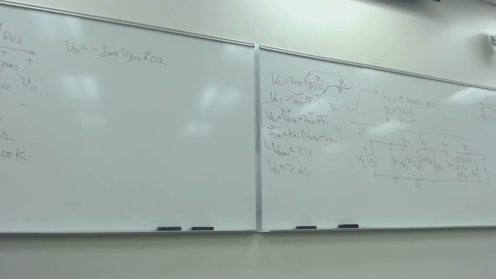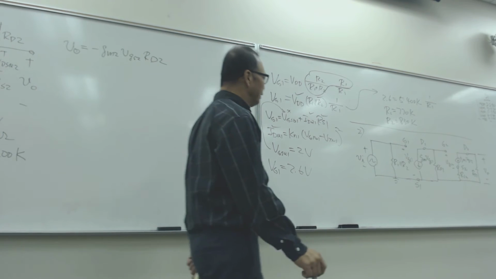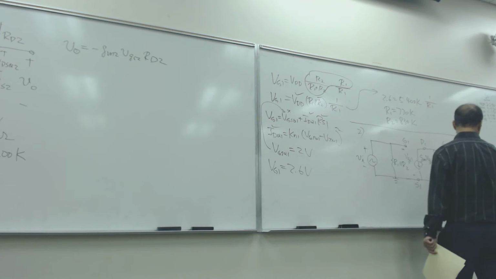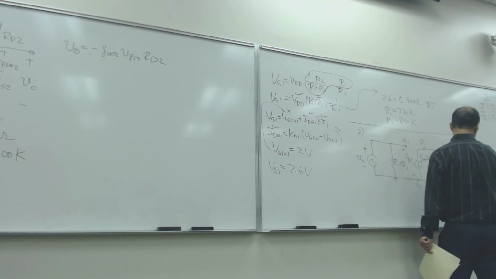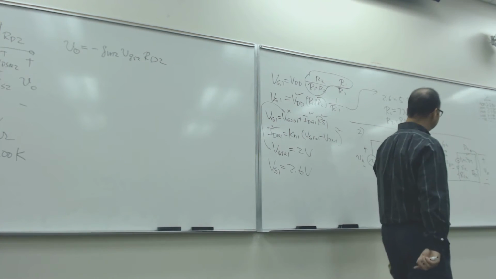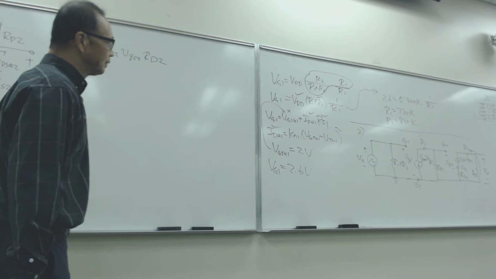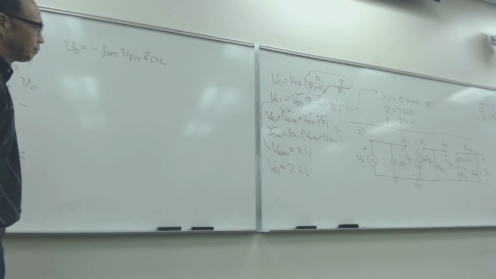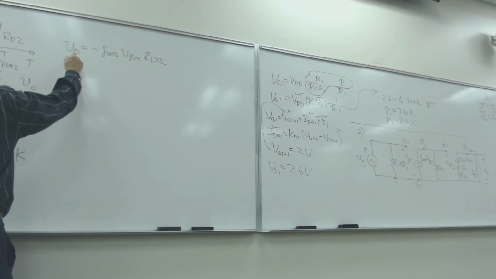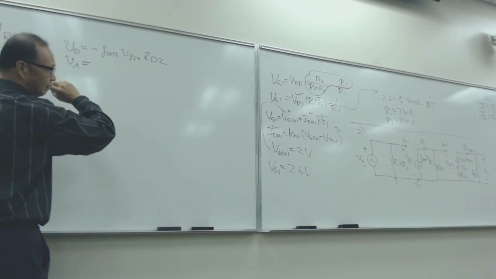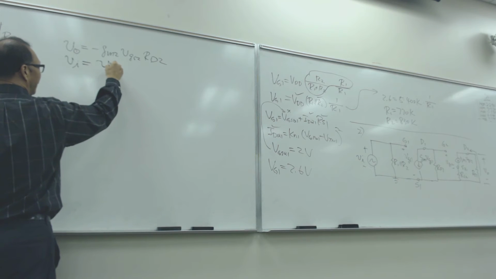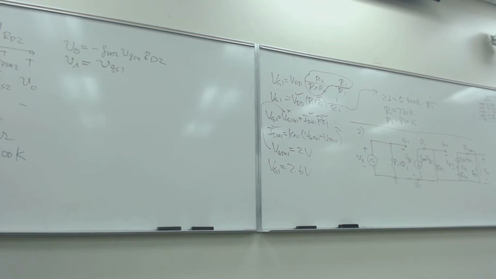Yes? Because this current is going up, right? Which is the source current, yeah? Okay, that's an easy part. What is VI? It's quite easy, yeah? VI is VGS1, right?